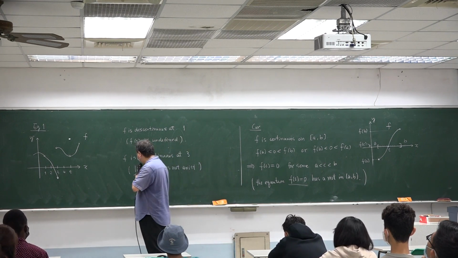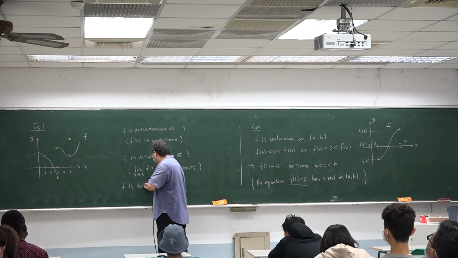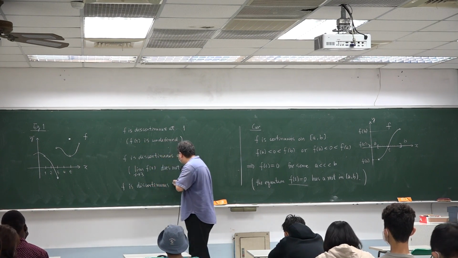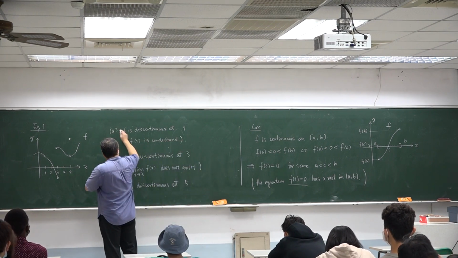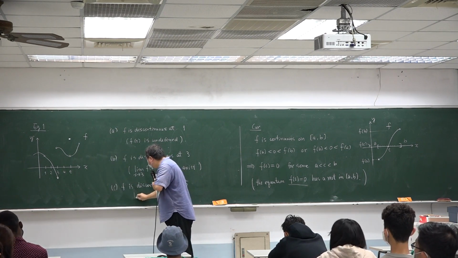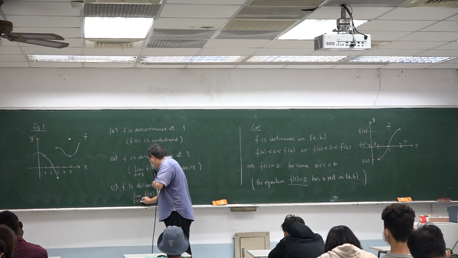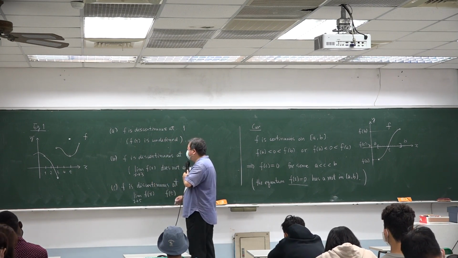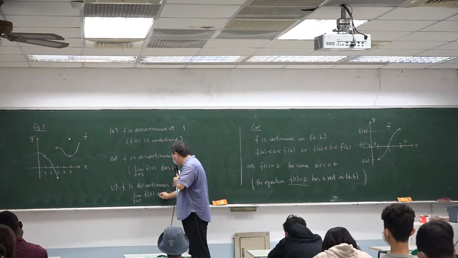And 5. Why? The limit of the function at 5 exists. The value of the function at 5 is defined, but they are different.